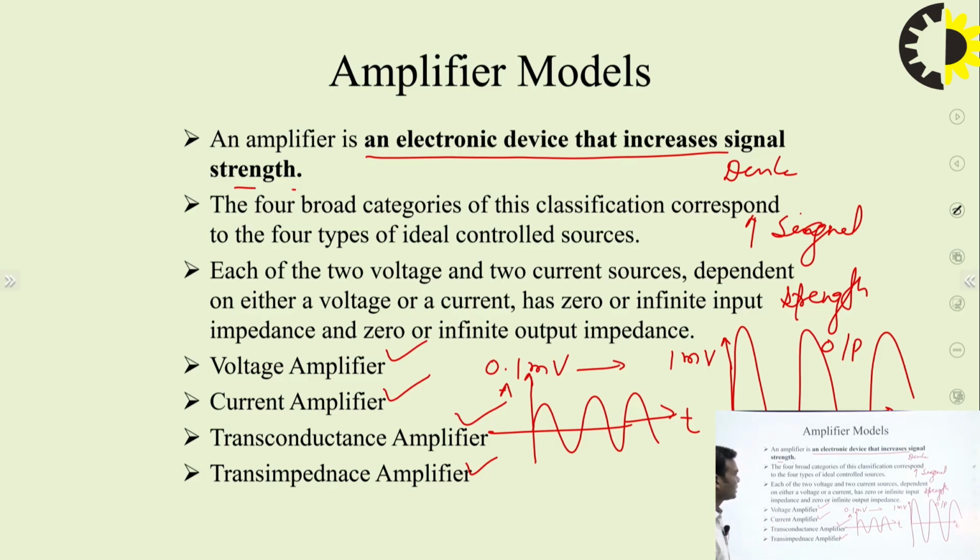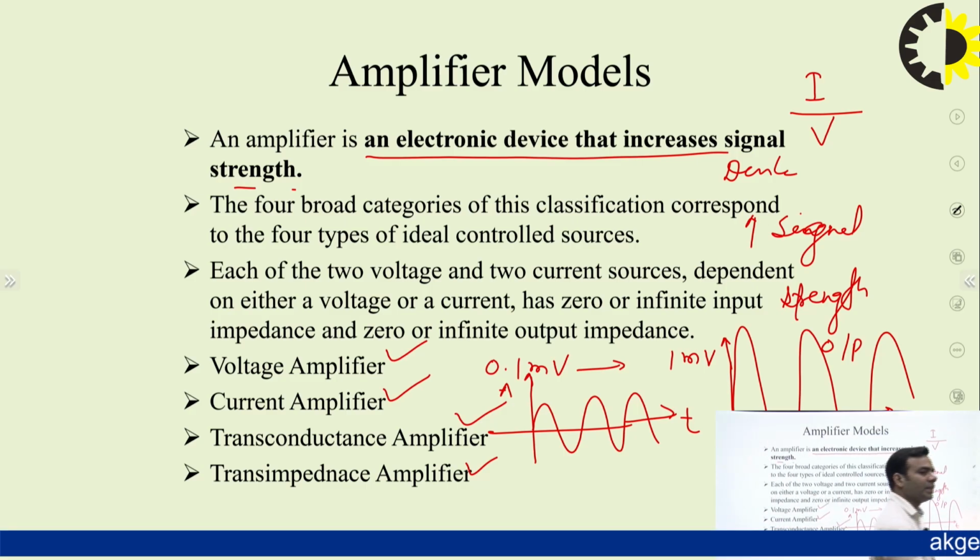In case of transconductance, if the input signal is voltage and the output signal is current, then this type of amplifier can be modeled by a transconductance amplifier.